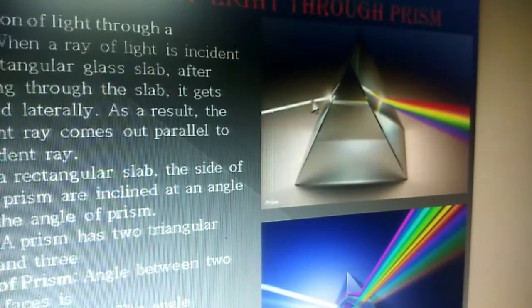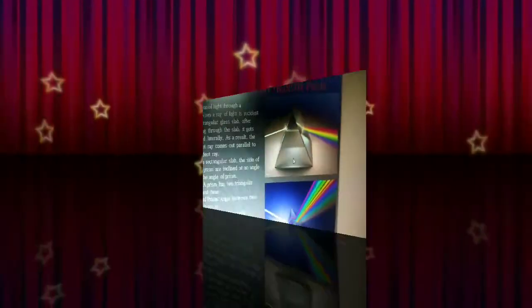When you extend the incident ray and the refracted ray through the glass prism, then at the intersection of these two extended rays, an angle will be formed which is known as the angle of deviation, and it is designated by capital D. Unlike a glass slab, the prism will undergo dispersion.